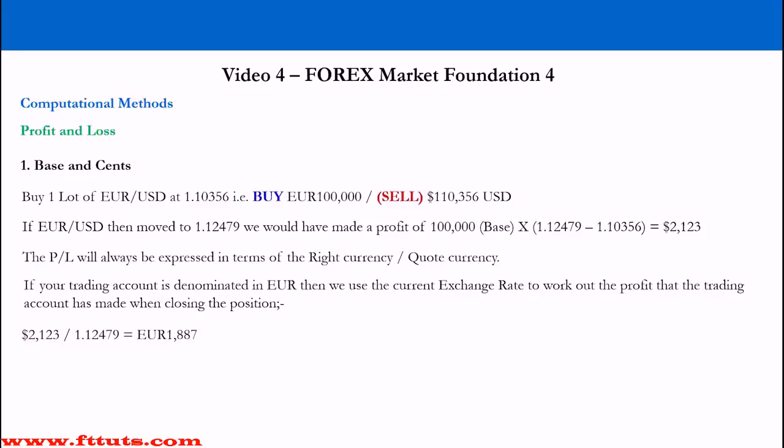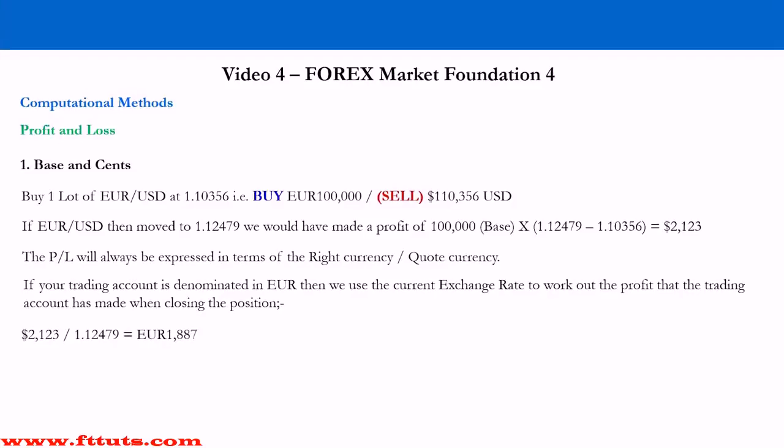So we take the profit, $2,123 expressed in the quote currency, and divide by the current exchange rate, 1.12479, and we get a profit of 1,887 euros. So working out your profit and loss in base and cents is extremely straightforward.